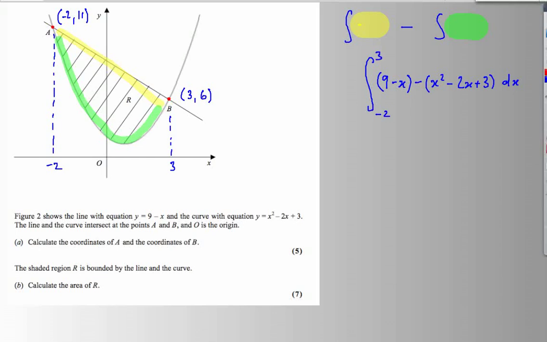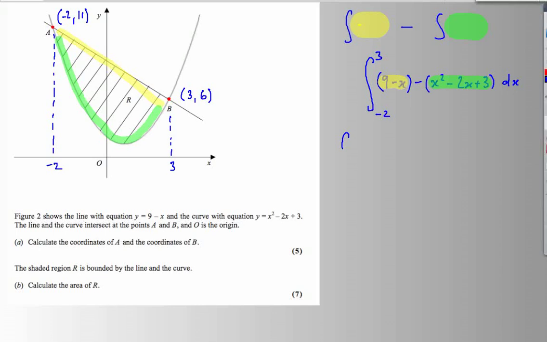So that's a standard method, worth making sure you're aware of. The two curves can be subtracted to find the distances in between, and if we add all that up between the limits, we will get the area we're after.